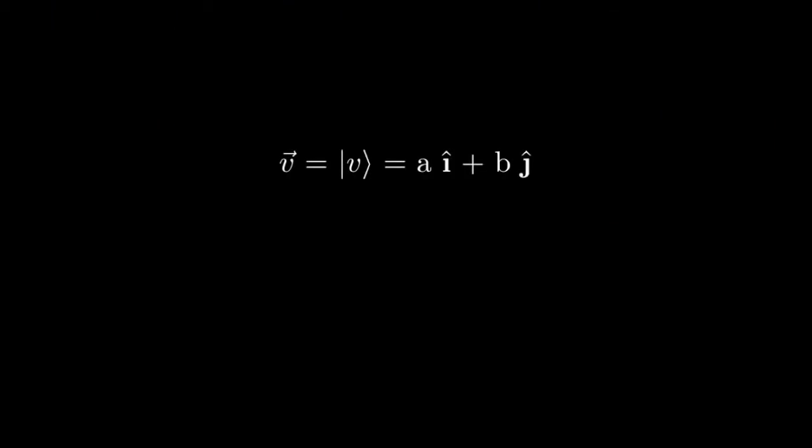Let's go back to our vector v in a 2D Cartesian basis, here made generic with the vector components a and b. Here we're showing in Dirac or bracket notation what the vector is represented as, which is a ket. We can also represent our ket here using a column vector, where we write our vector components into the column.